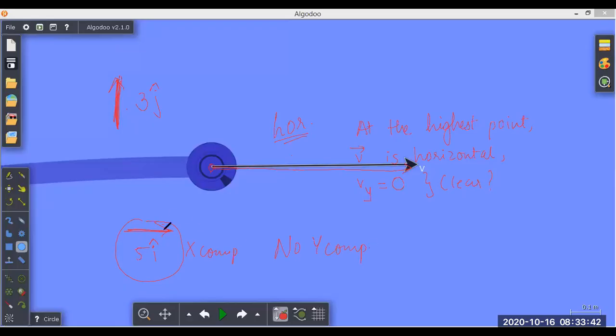Because it is horizontal. And similarly, this kind of vector which is vertical has only y component and no x component, correct? I hope that makes sense. So its y component here is 0, right? The y component of this velocity vector is 0. I hope now that made everything absolutely clear, right?